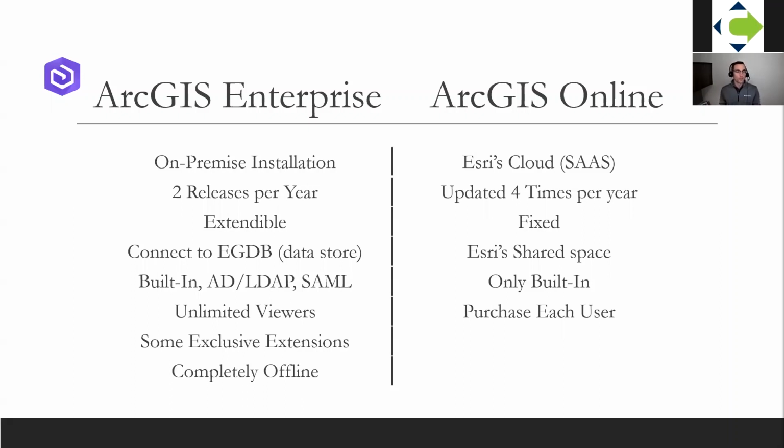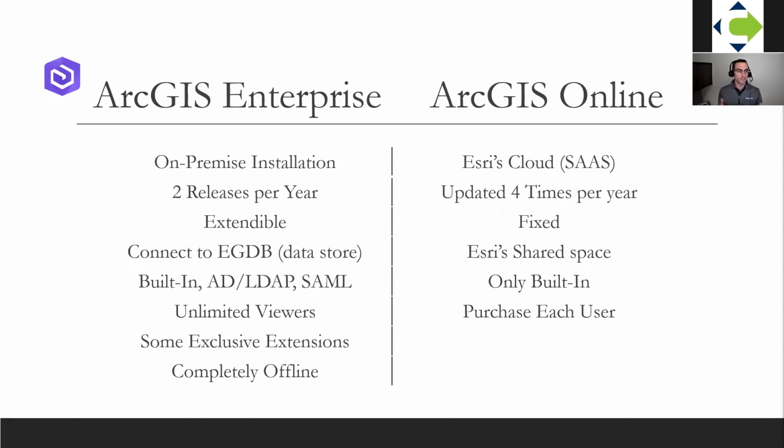So for those of you familiar with Windows Active Directory, you can actually just manage who gets access in your whole community or your organization's users by having things set up in Active Directory and then using it that way. Whereas ArcGIS Online is just built in. So everything's managed in your organization and online.